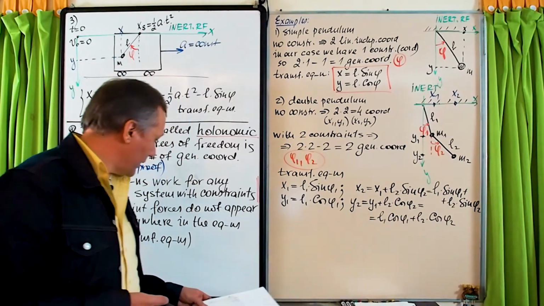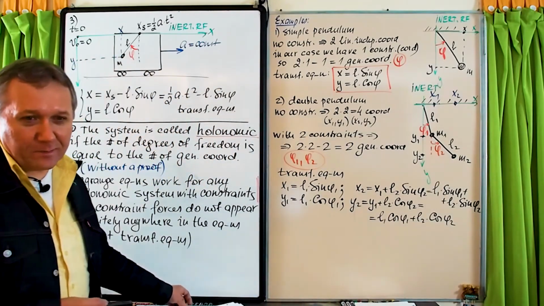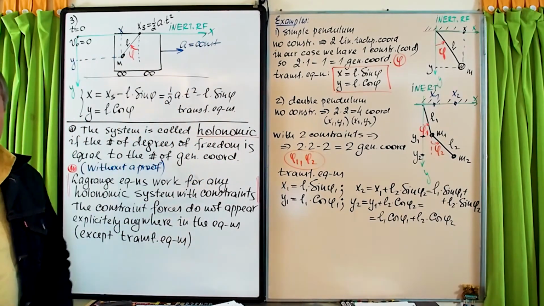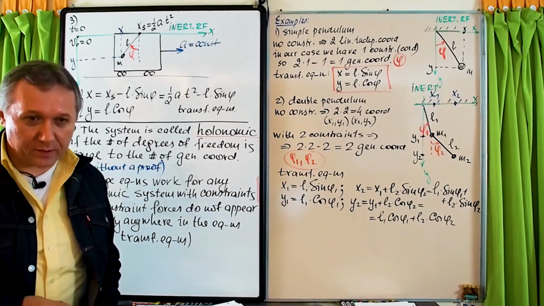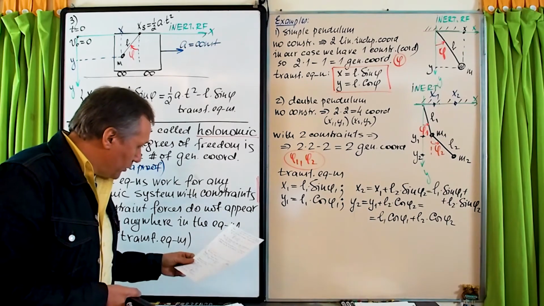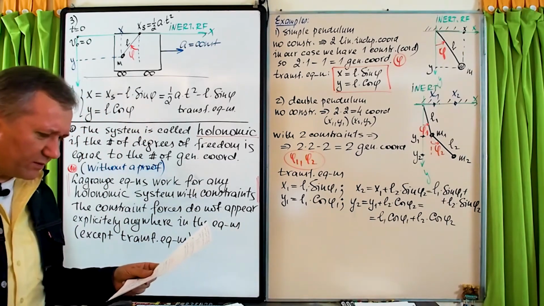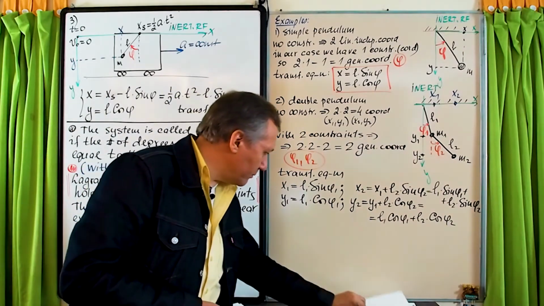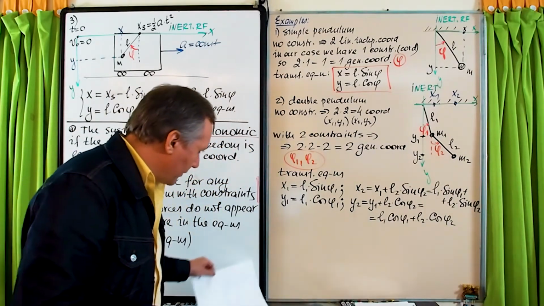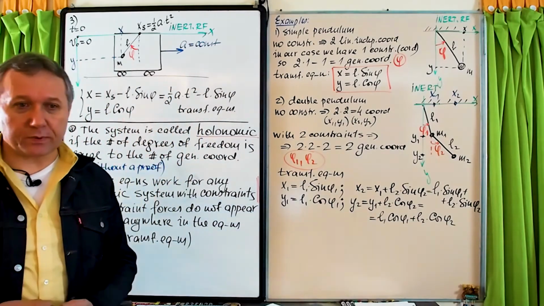Now we can start attacking any problem, of course only holonomic systems. I used to solve the Atwood machine. It's reasonably straightforward; you can read the book by yourself. After a couple of years I decided it's not worth the effort, too simple.